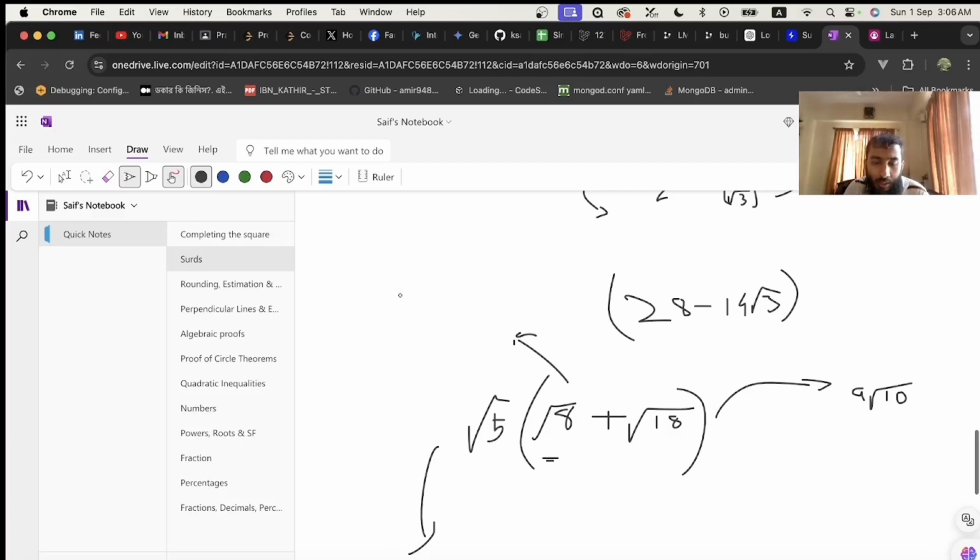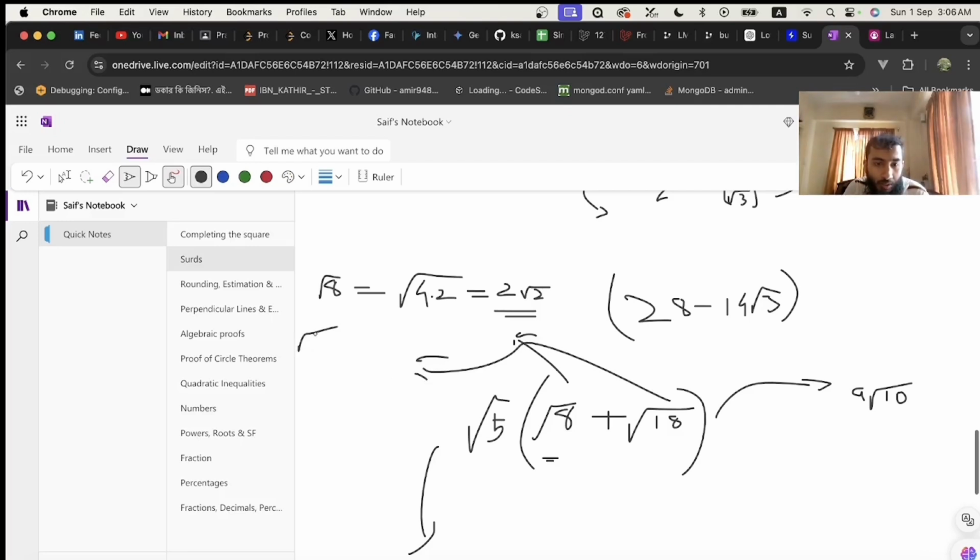Root 8 is root 4 multiplied by 2. Root 4 is 2 and root 2 stays as root 2. So root 8 can be expressed as 2 root 2.